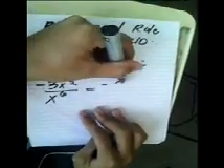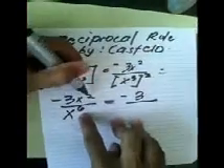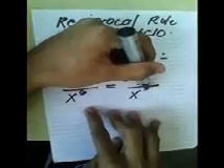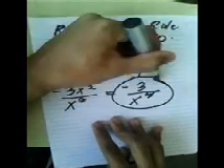Then let's cancel this and put it in the denominator. It equals 4. That's all. Thank you.